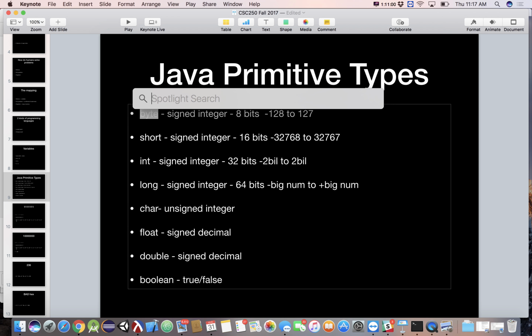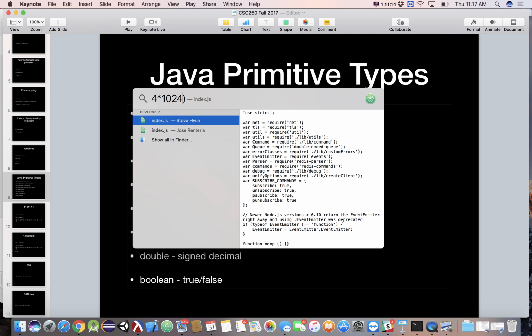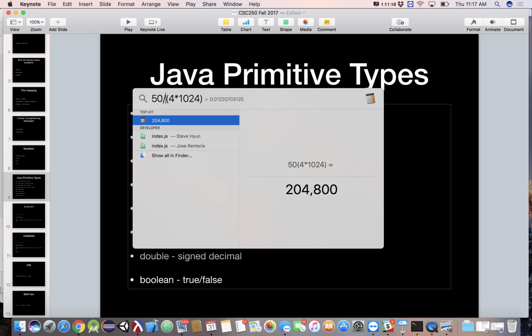By today's pricing, we'll just use the $50 retail price. So we're going to say 4 times 1,024. That gives me megabytes. So I want to take that value, and we said $50.